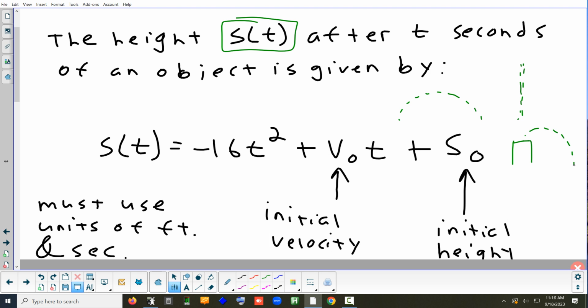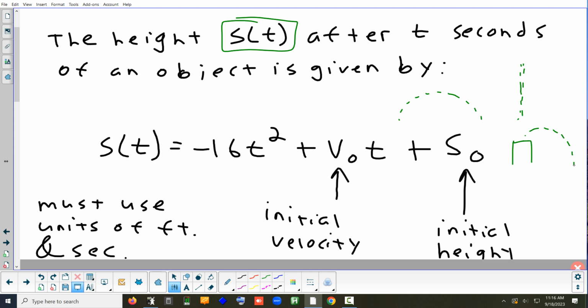This particular formula will only work if the problem is in feet and seconds, and we will always use units of feet and seconds. If you study something like this in physics, you might see the number negative 9.8 in front of t squared, and that would be meters per second.